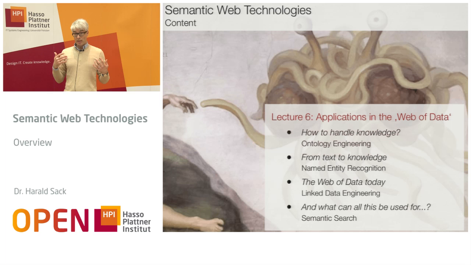Then, of course, we will have a look at the semantic web today, which is the so-called linked open data cloud or linked data, which is nothing else but a kind of huge distributed database of vocabularies and formally structured data that are represented in terms of RDF, that are interoperable because they are formulated in RDF, and they are grounded, based on ontologies, and they are interlinked. And this is a huge web.